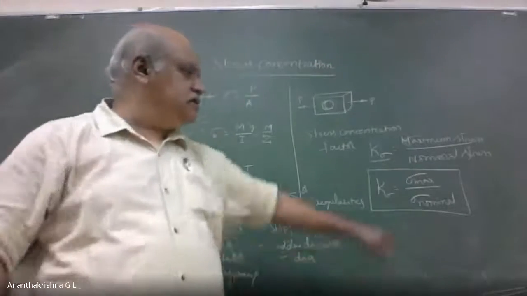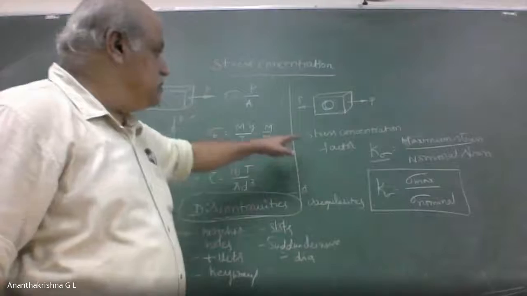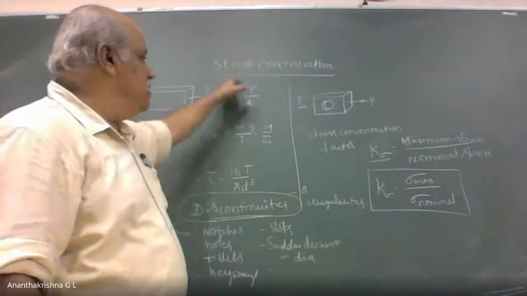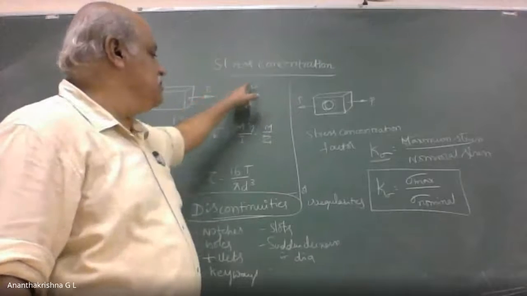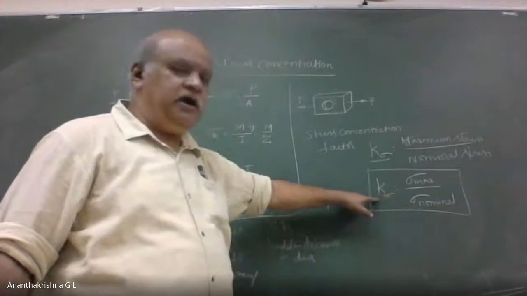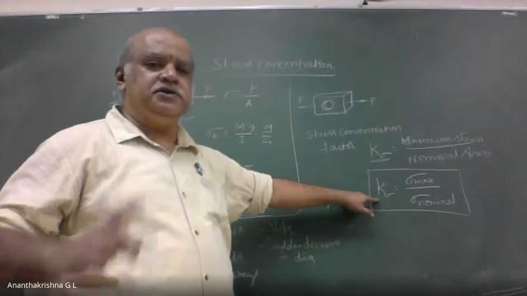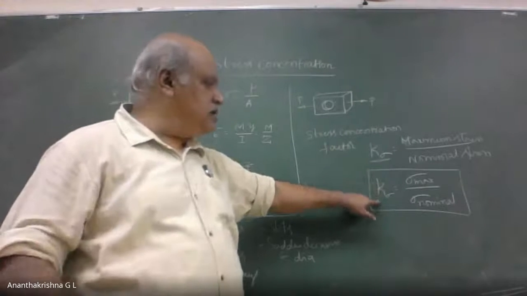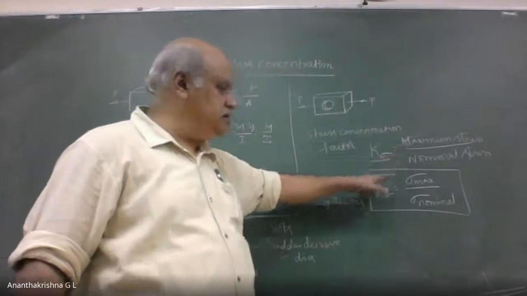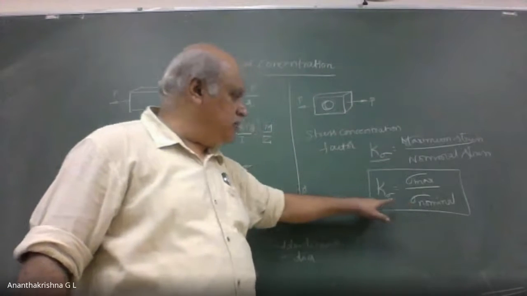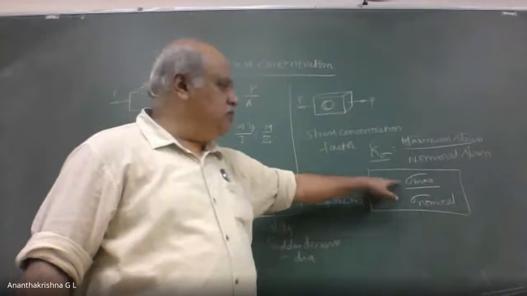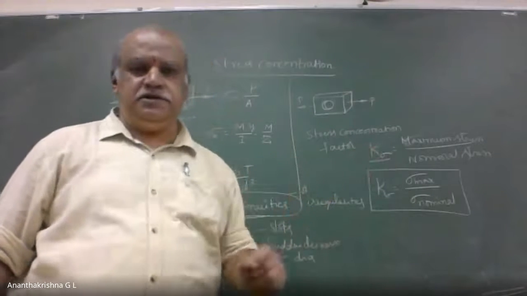Sigma nominal is the stress we obtain assuming there is no discontinuity. If I use sigma equals P by A, that gives the nominal stress. When I multiply sigma nominal by the stress concentration factor, I get the maximum stress.